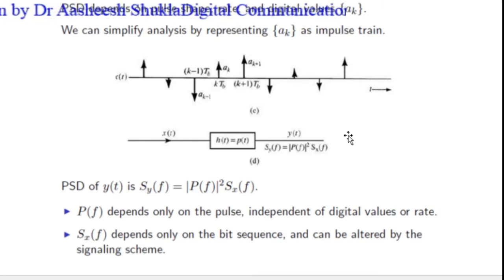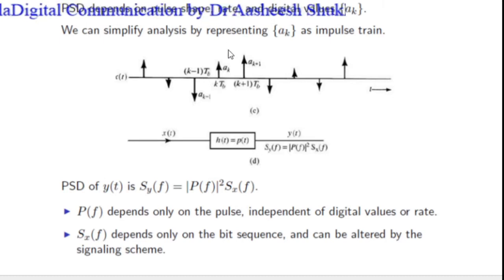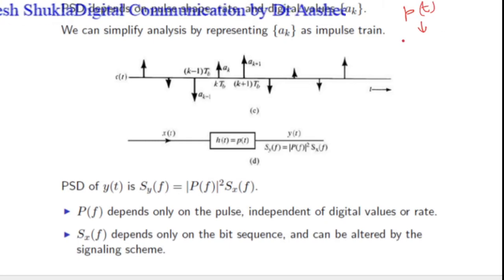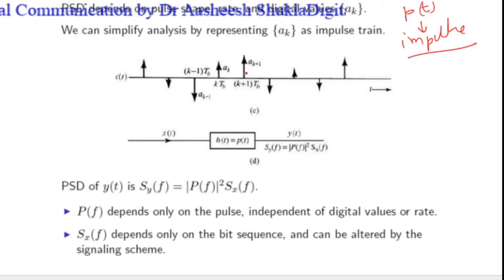Now we can also represent the same pulse p(t) with the help of impulses. If we represent the pulse as impulses, then the same figure that we have seen earlier can be represented like this, with impulses at different time instants.